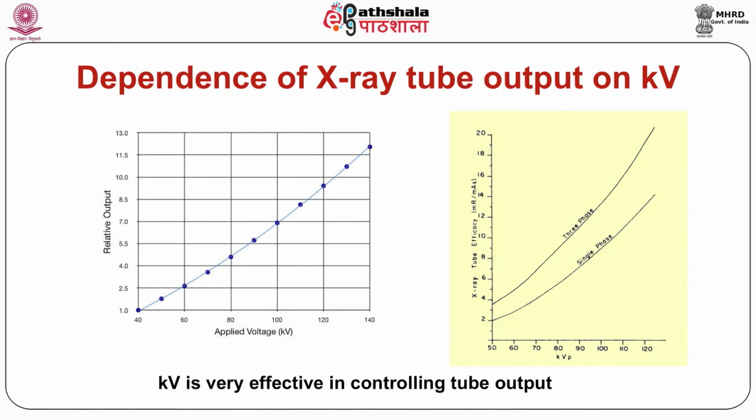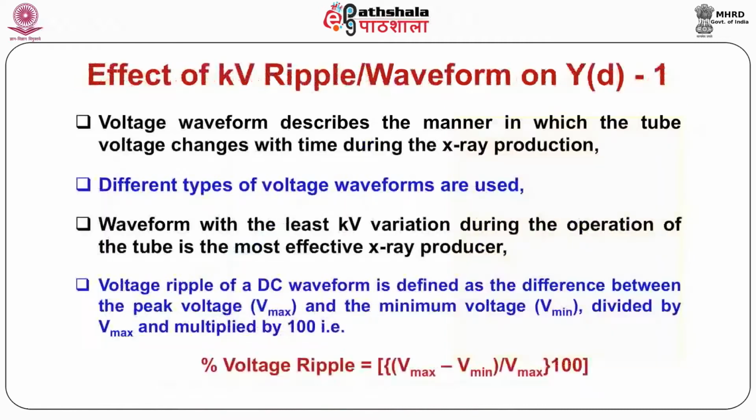Thus, a parameter called half value layer, abbreviated as HVL, is a measure of the penetration, and the quality of the X-ray spectrum is measured, and output of the X-ray tube is quoted along with HVL. HVL is that thickness of absorber which attenuates the X-ray beam output to 1/2 of its initial value. Aluminum is commonly used absorber in diagnostic radiology, hence the HVL is generally quoted in terms of millimeter of aluminum.